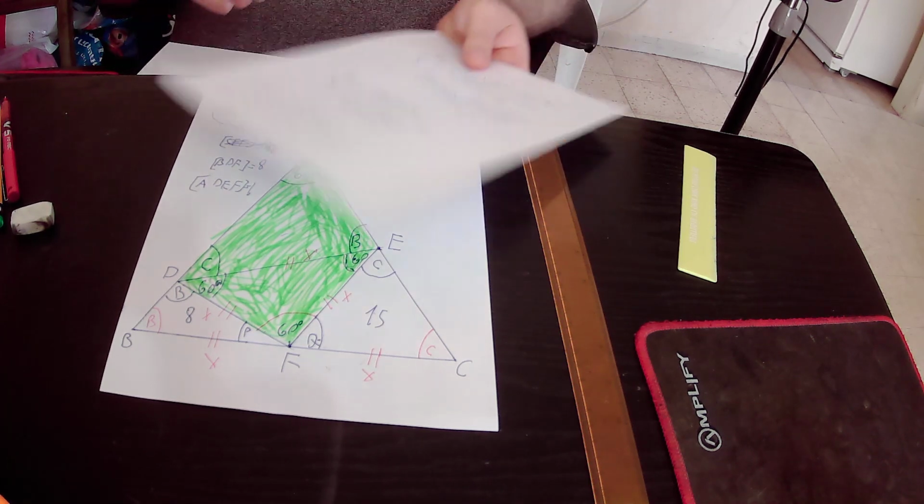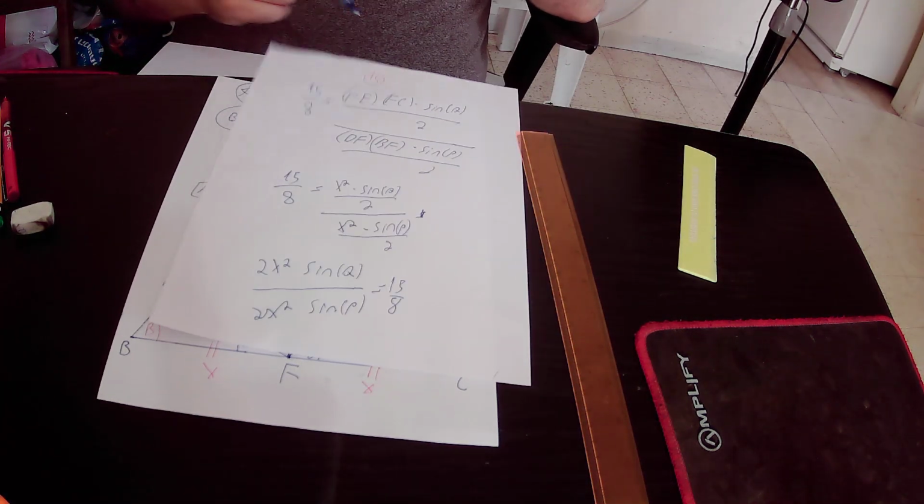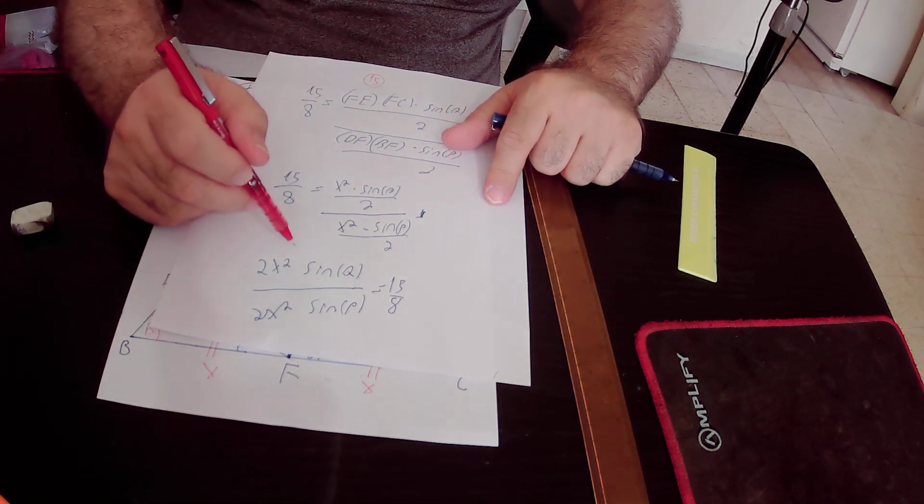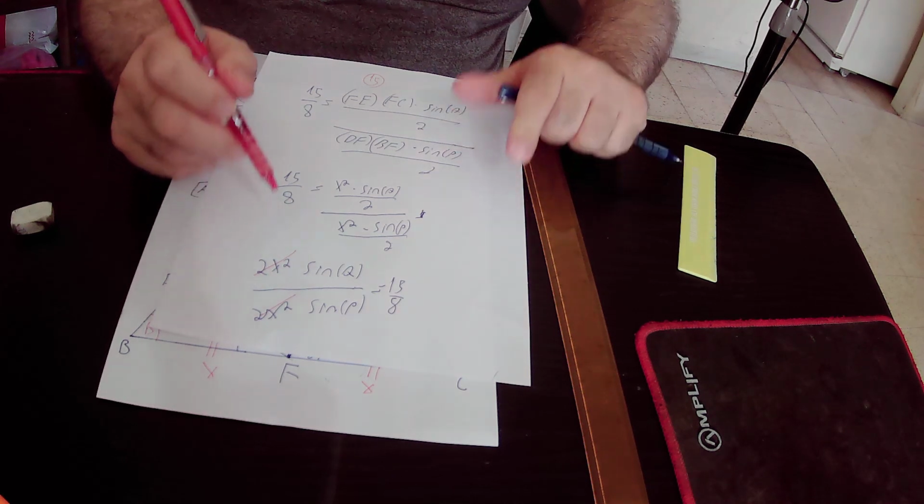So we got this equality. Here 2x squared over 2x squared is 1, so it is cancelled.